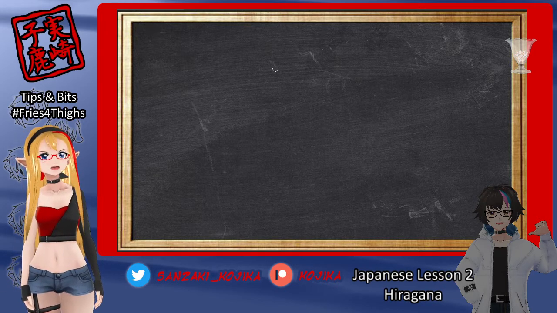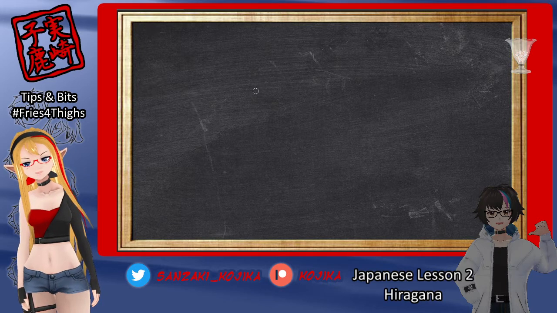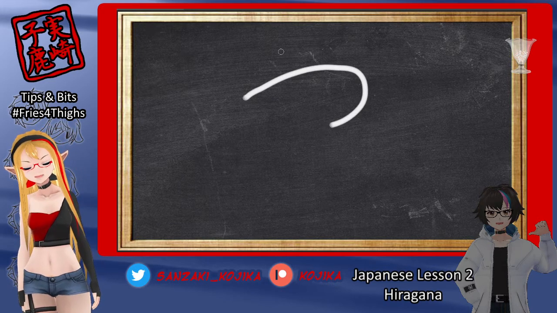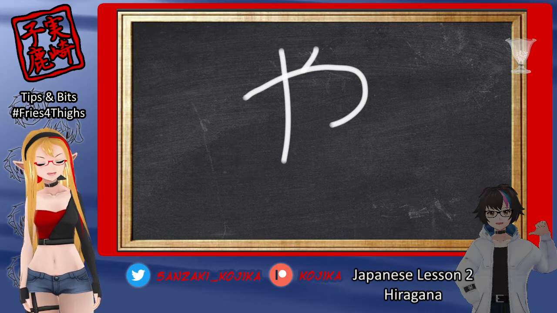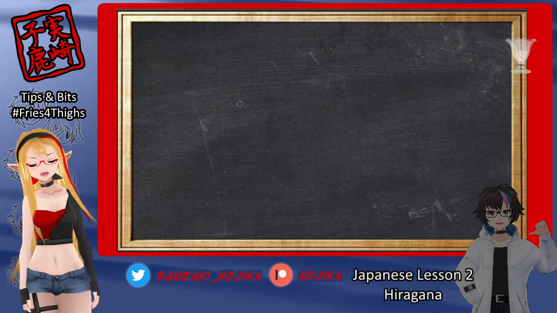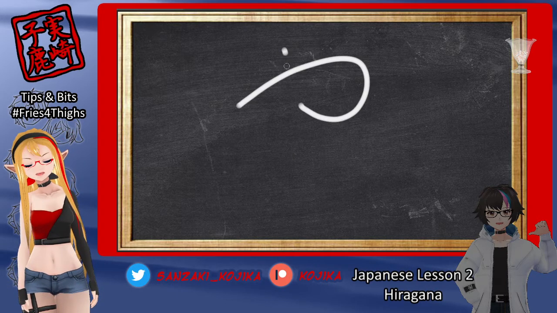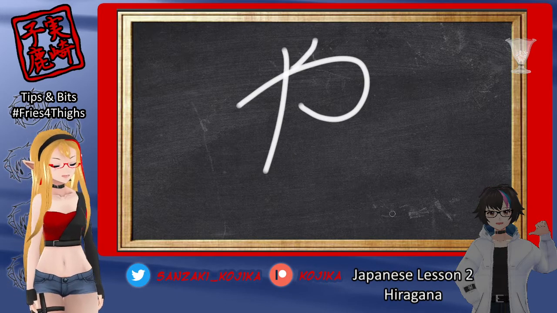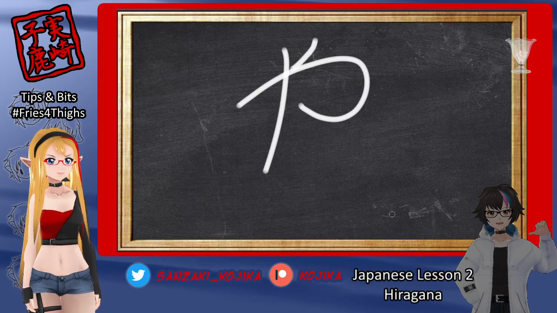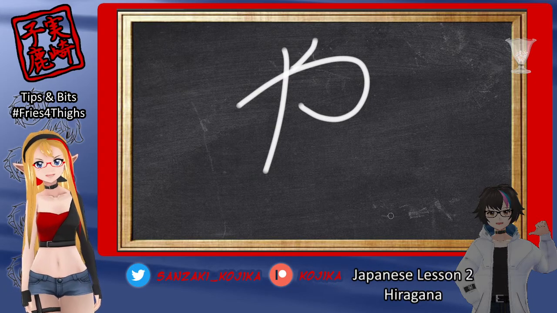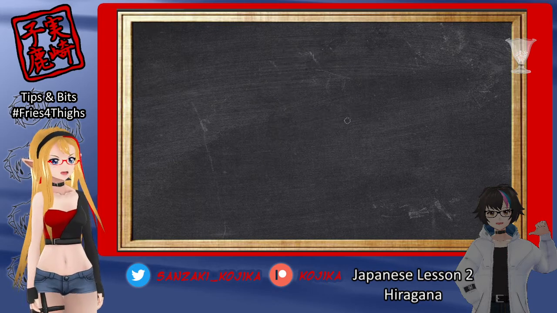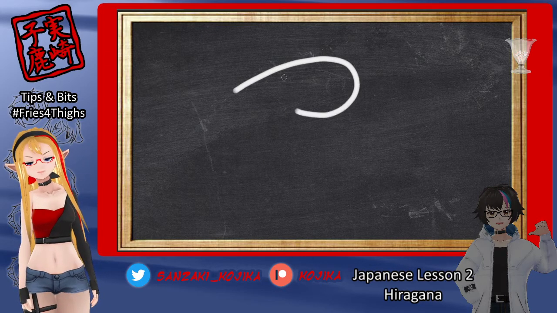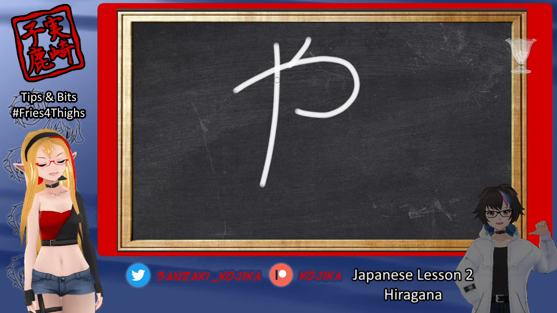All right, so we're gonna go on to the Y family. 1, 2, 3. You can also write it a little more sloped if that is easier for you. Hoyo. You'll notice this one goes this shape first, then the line down, then that.